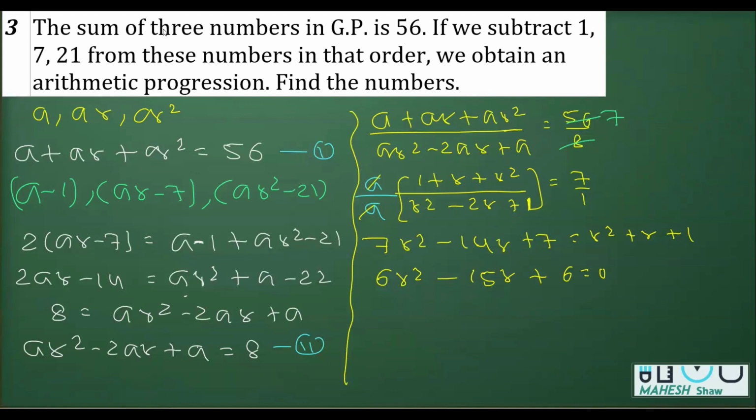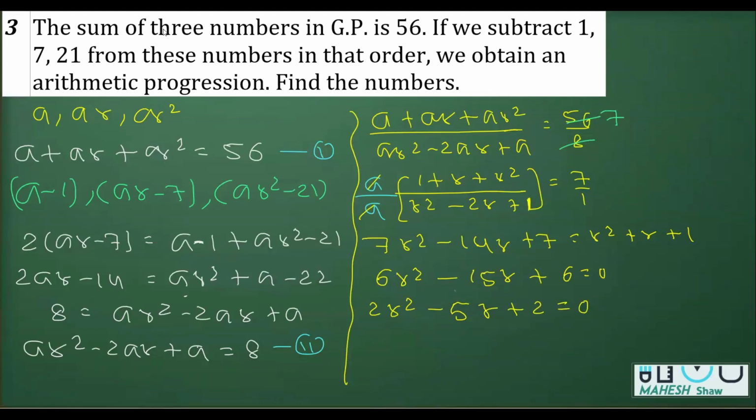Taking 3 common and transposing to the other side, it becomes 2R square minus 5R plus 2 equals 0.